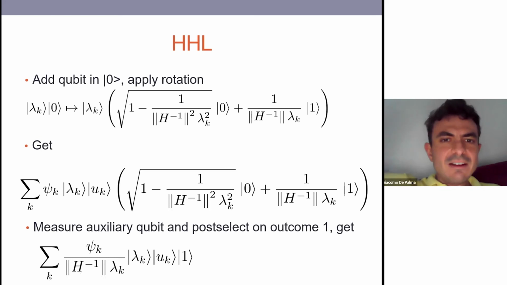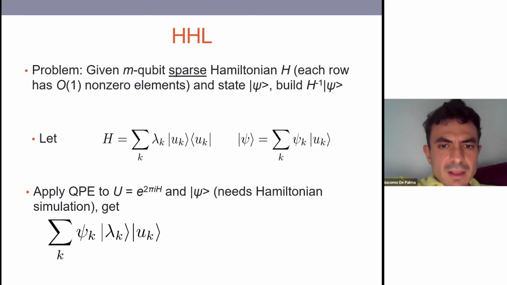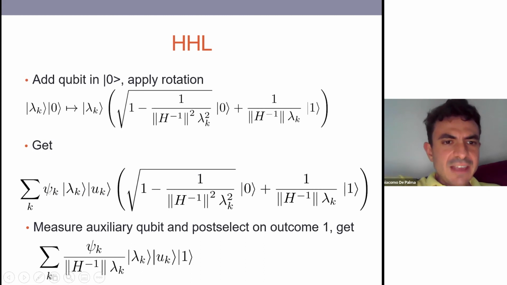Let's put together what's the whole state that we have after this step. Let's remind that we started from this state. So we will still have sum over k, psi k, uk, lambda k. And then instead of 0, we have this rotated vector.